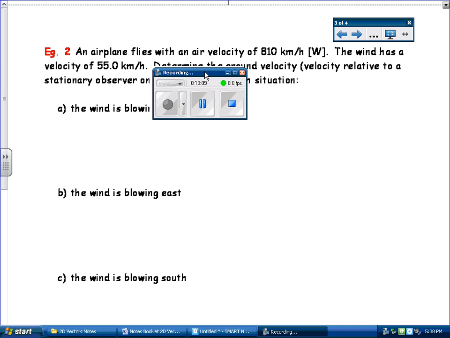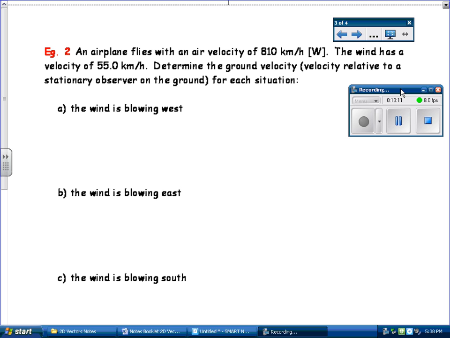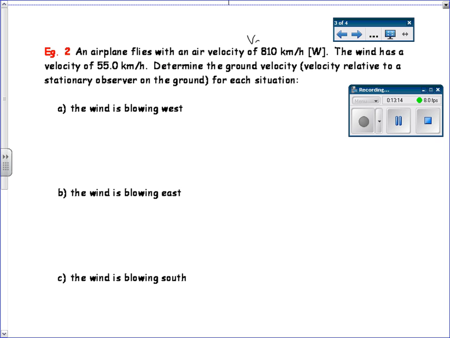We have an airplane that flies with an air velocity, so we can call that v air, or velocity of the plane. So v air is 810 kilometers per hour west. The wind has a velocity, v wind, of 55 kilometers per hour. We're just going to look at the different ground velocities, or velocities relative to a stationary observer on the ground, for the wind blowing in these different directions.